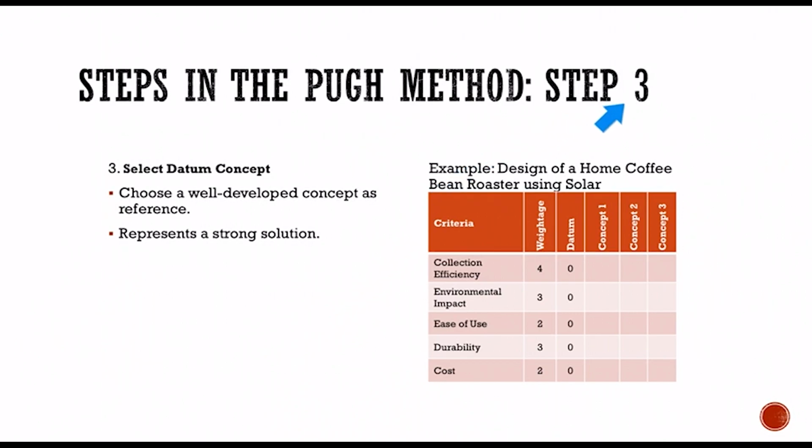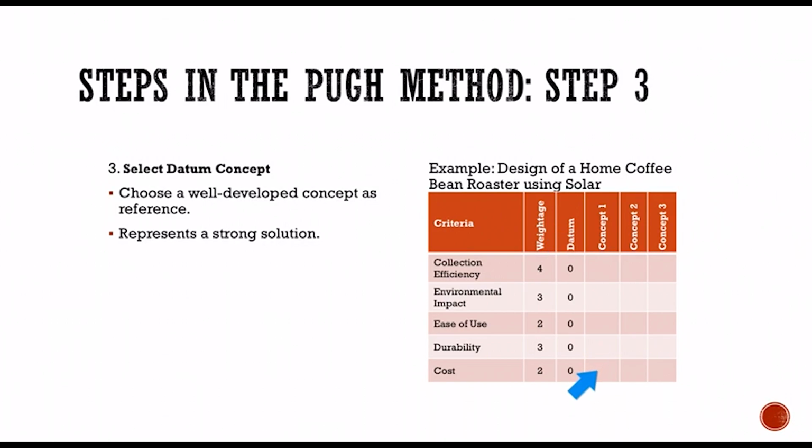Step number 3 is to select the datum concept. For this step, we will choose a well-developed concept as a reference to represent a strong solution. Let us assume that the datum is a product that already exists in the market.